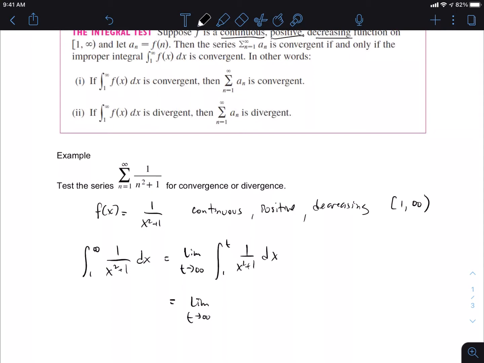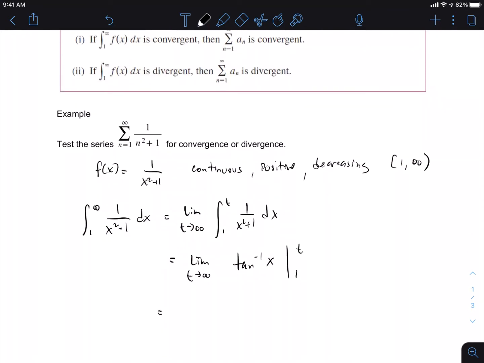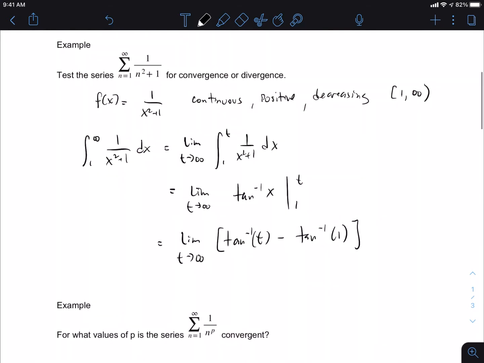We should all know that now. It's the inverse tangent of x evaluated from 1 to t. And so that gives me the limit as t goes to infinity of tan inverse of t minus tan inverse of 1. As t goes to infinity, that first one is going to be pi over 2, and the other one is going to be pi over 4, and so our answer should be pi over 4 here.